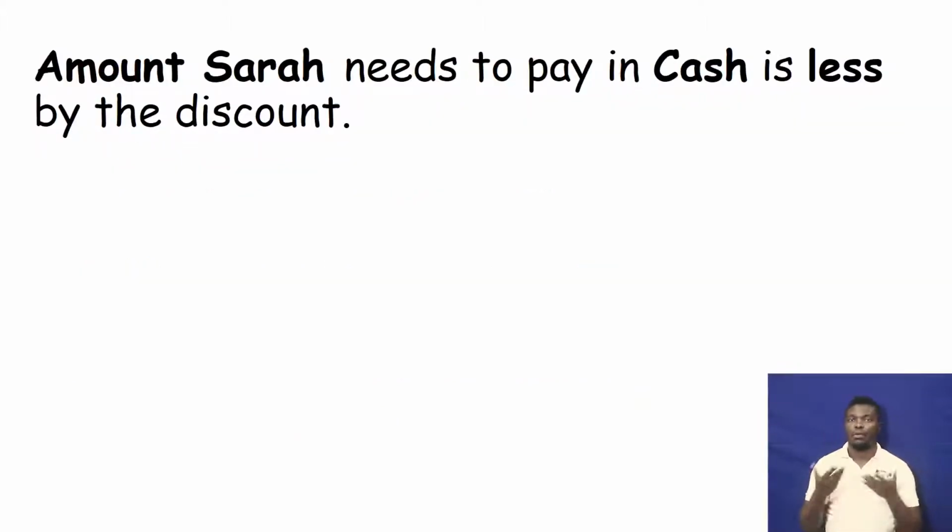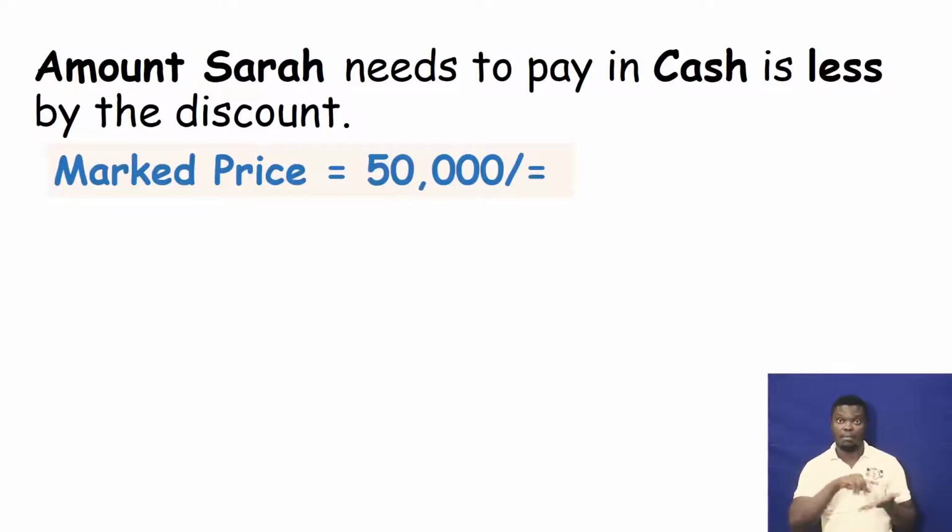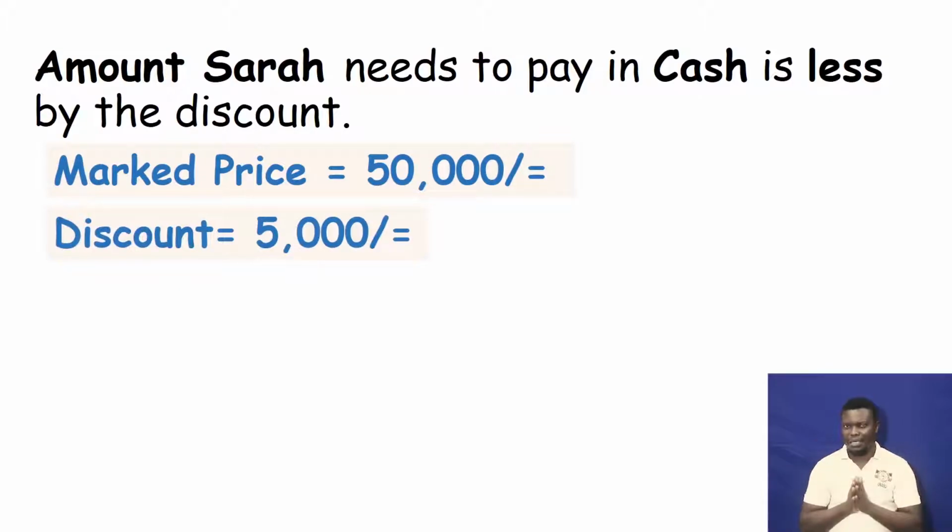The amount Sarah needs to pay in cash is less by the discount, and that is the marked price is 50,000 and the discount, we've just calculated this as 5,000.